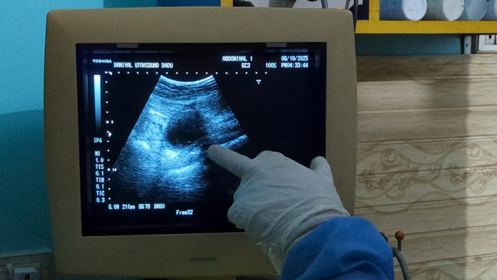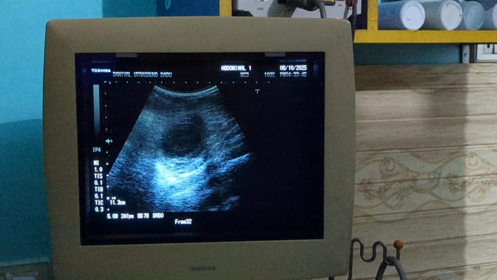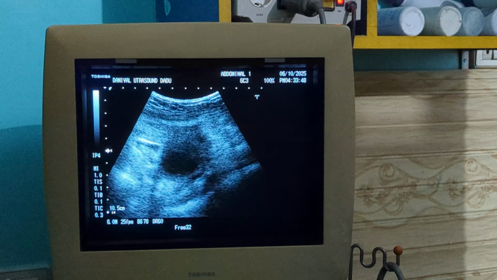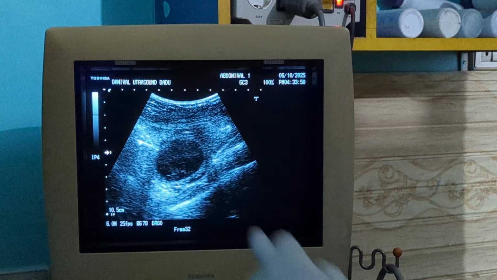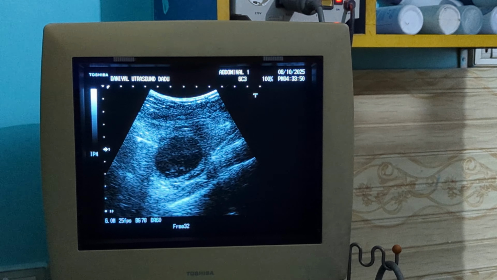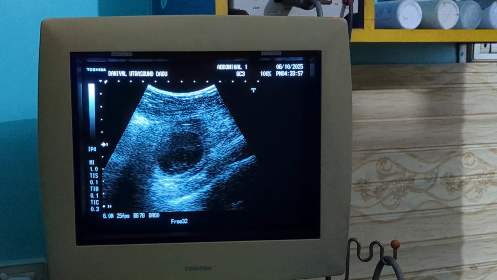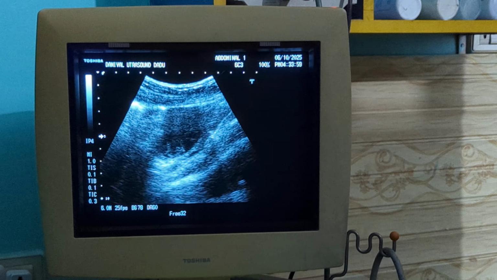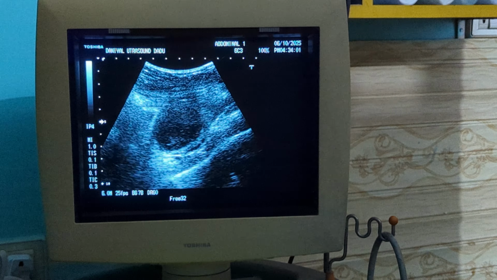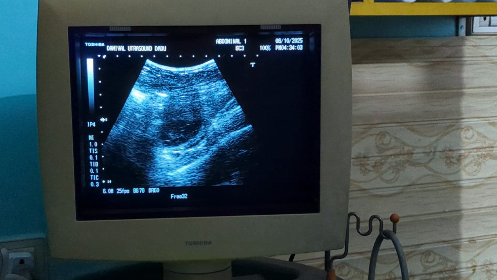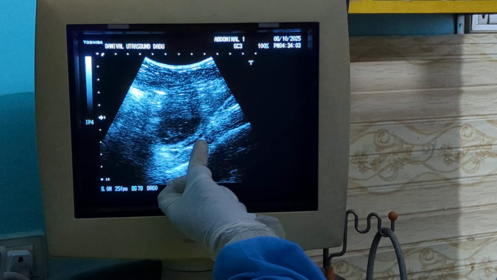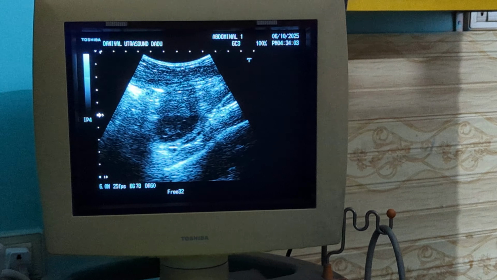Here is the left ovary. What do you see in the left ovary? The left ovary appears enlarged and showing a cystic structure which contains internal debris-like echoes and strands of fibrin. There is also a thin hypoechoic area around the ovary.